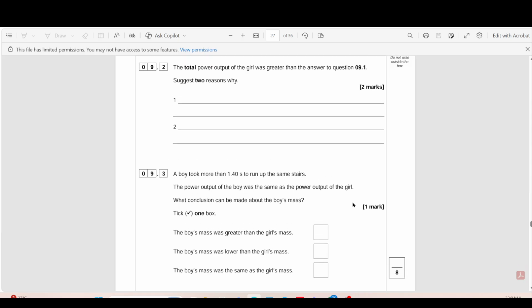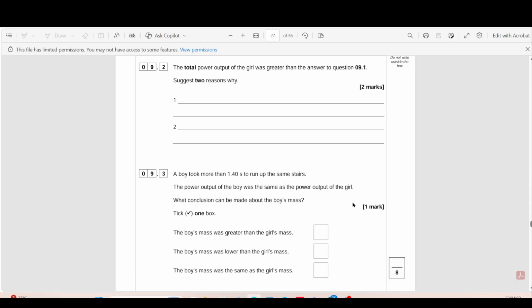The total power output of the girl was greater than the answer to the previous question. Give two reasons why. Some energy is lost to surroundings. Exactly. Some energy is wasted to surroundings, because the girl increases her kinetic energy as well as increasing her gravitational potential energy.